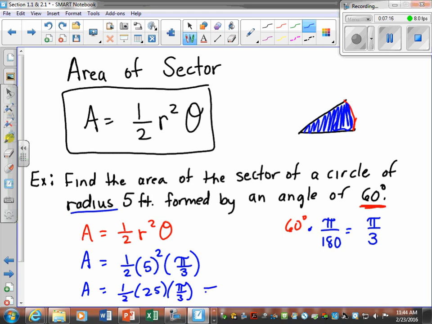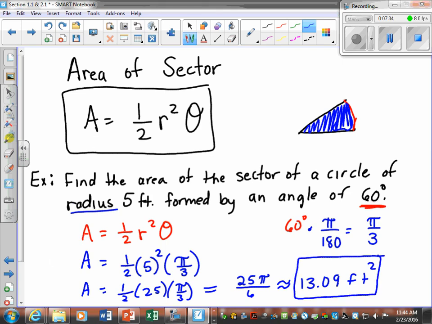That's going to be equal to 25 pi over 6, or approximately, when we put it in the calculator, 13.09 feet squared. So this would be an exact answer, and this is your approximate answer.